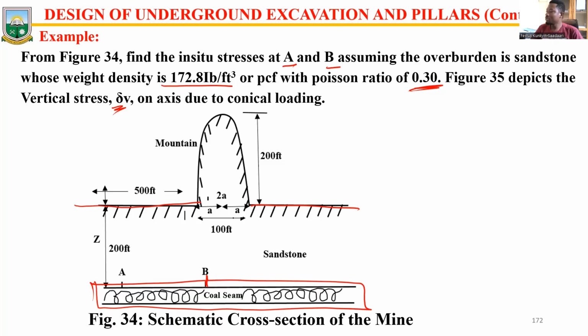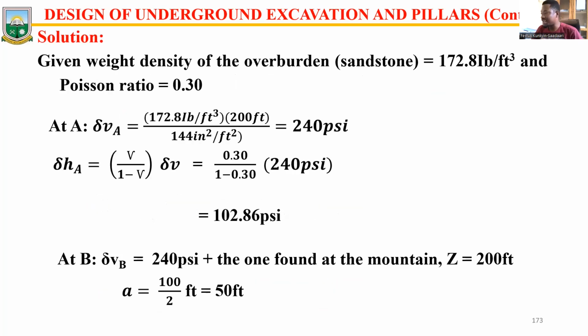So the average stress at the point A is this. This value was given as times the depth, which is 200 feet, and we want to divide by this unit in order to get our PSI.